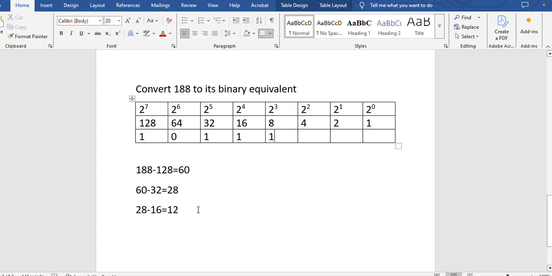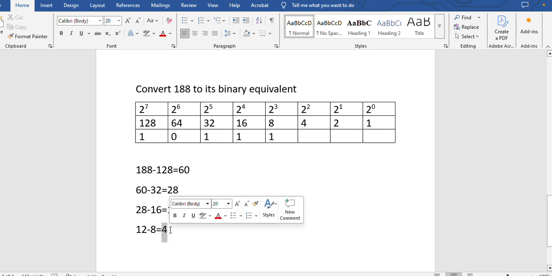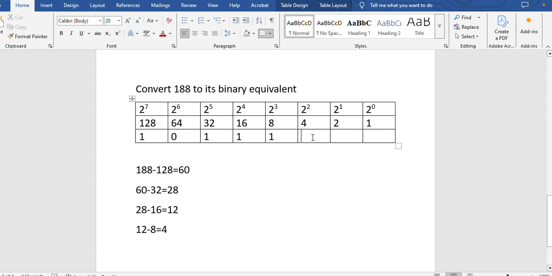The answer should be 12. And then you compare this 12 with 8. Is 12 greater than 8? Yes, it is greater than 8. So you write 1. And then you take 12 minus 8, which is 4.